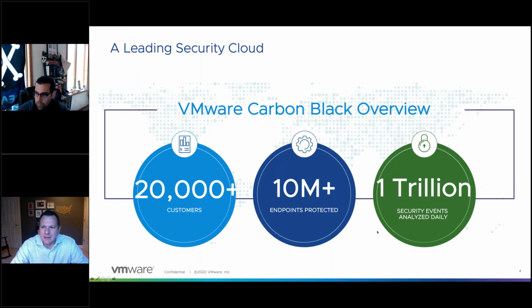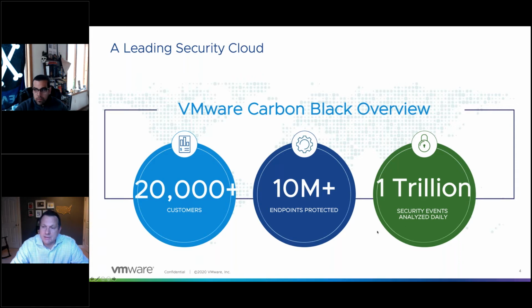But one of the core value propositions is that you're dealing with petabyte scale data, looking across a number of different customers at any given time and seeing trillions of events per day processed in the cloud.